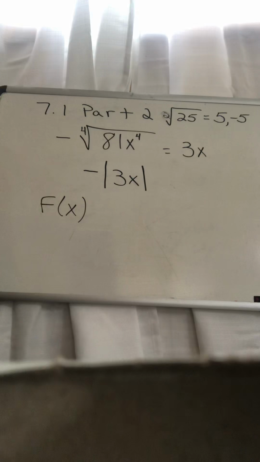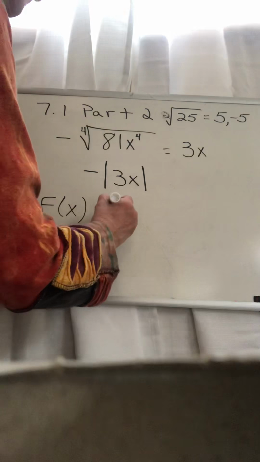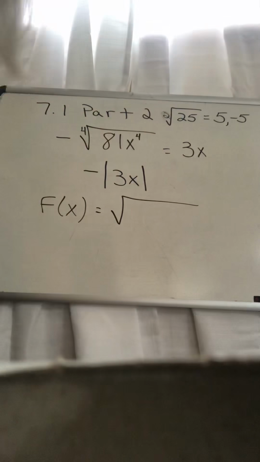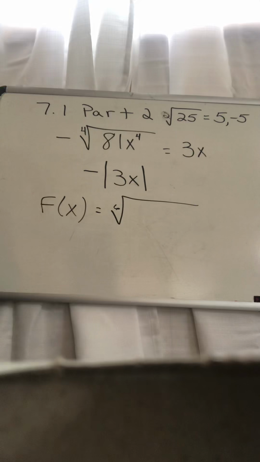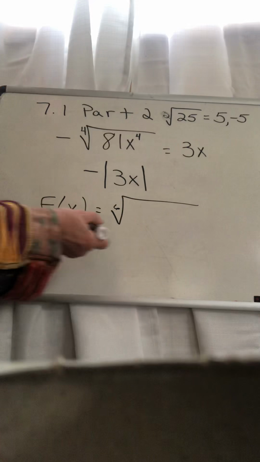So f of x is equal to, maybe I should erase that solution. We've got 6, and then we have, I just realized I didn't write down a value for f of x. So we can't do 6. We could, let's just say it was 2.